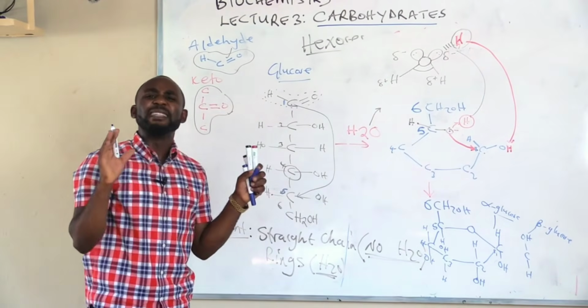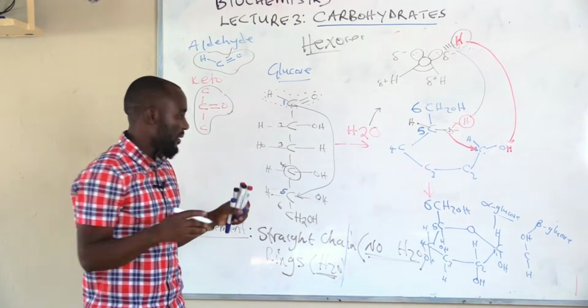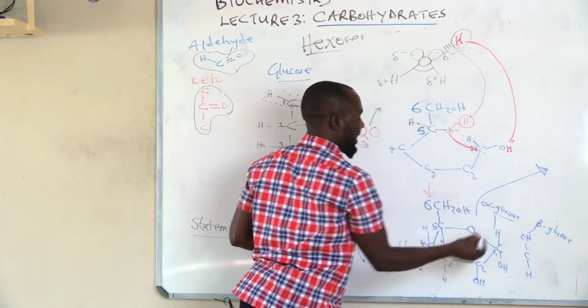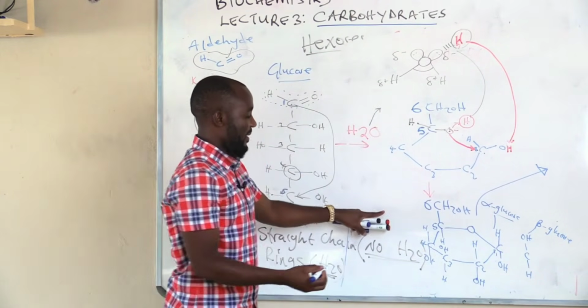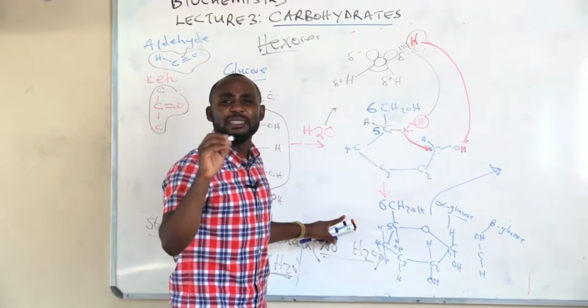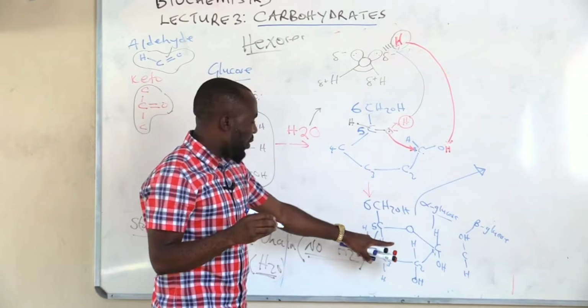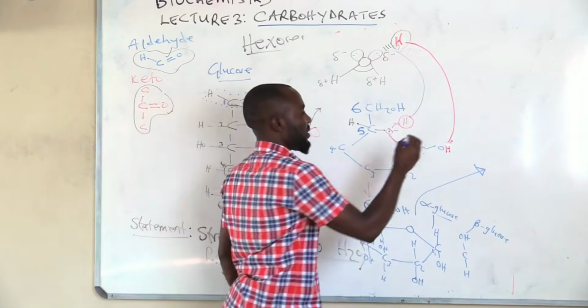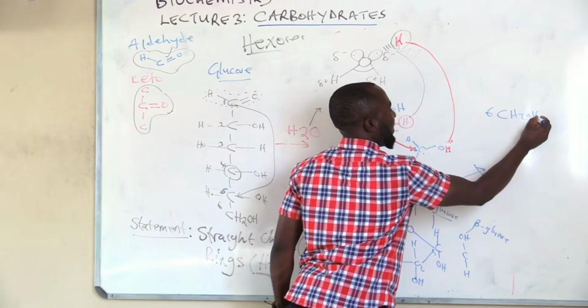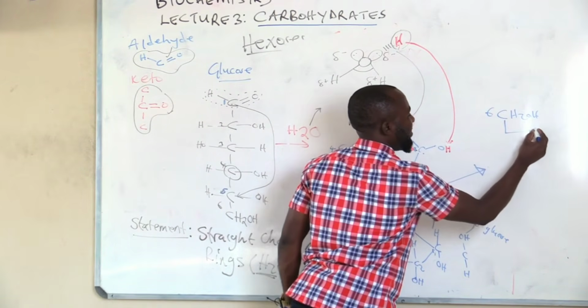We don't like wasting time in biochemistry. Sometimes the way we draw this structure is like this. Because we know that in biochemistry, every corner represents carbon. When you want to draw this structure, we just draw carbon number 6, and then we just make corners.